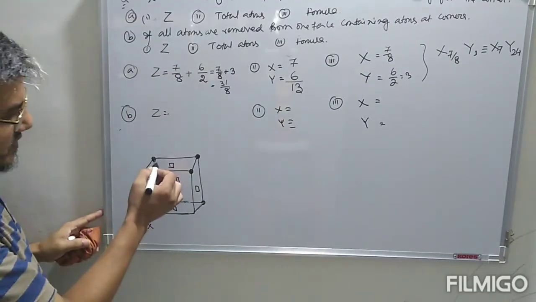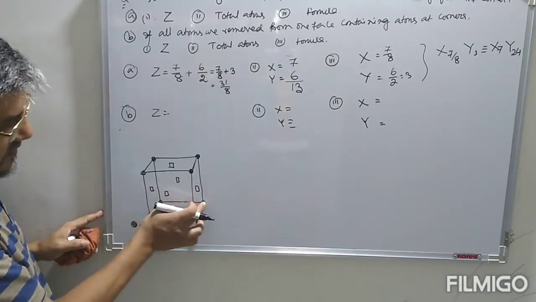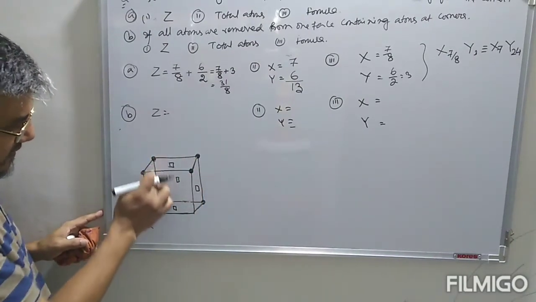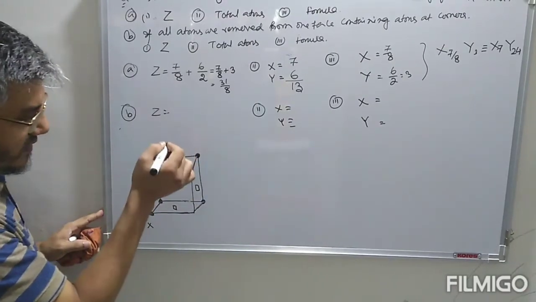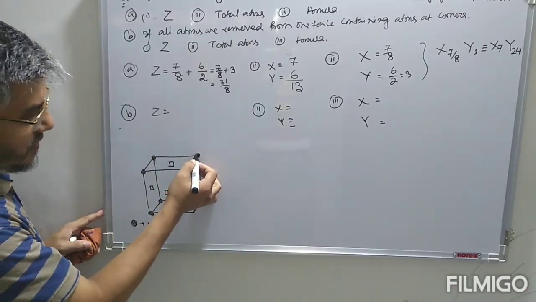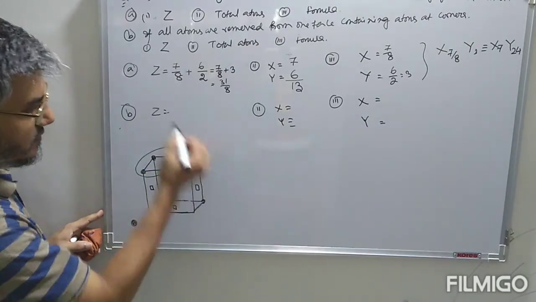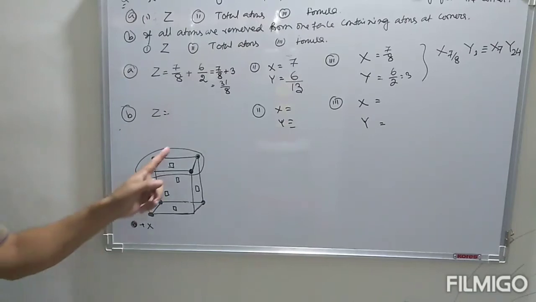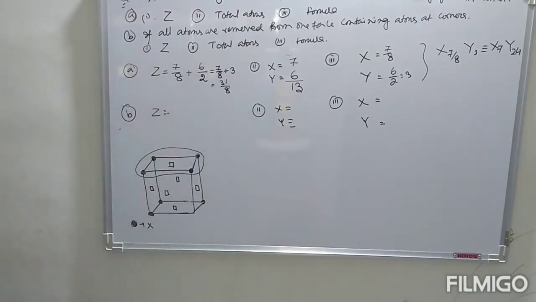So let this be the face with 4 corner atoms. We can take this face also. So atoms along this face are completely removed. That means 4 corner atoms and 1 face center atom are completely removed.